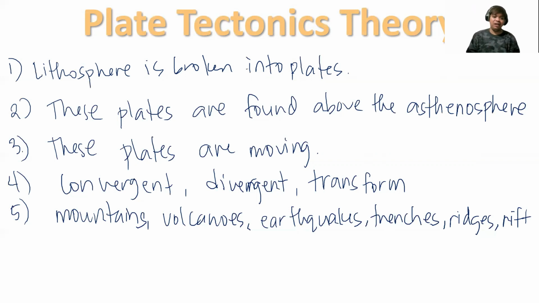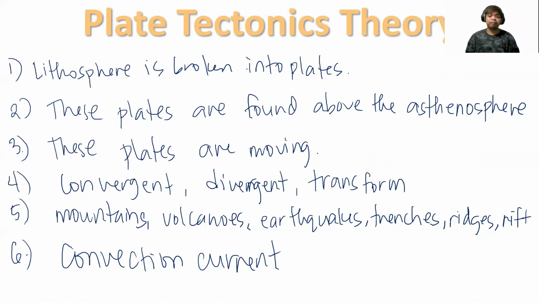But the most important thing here, guys, number six, that plate tectonics theory is telling us that all of these things are possible because of the movements of the plates. And those movements of the plates are caused by what we call the convection current happening in the mantle.